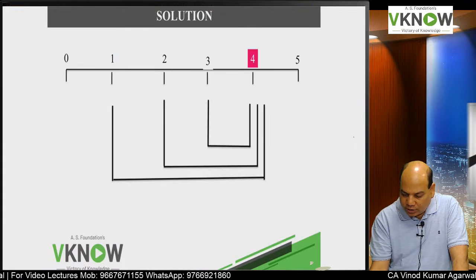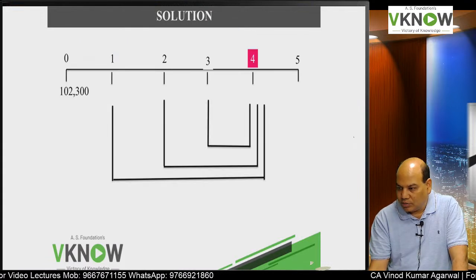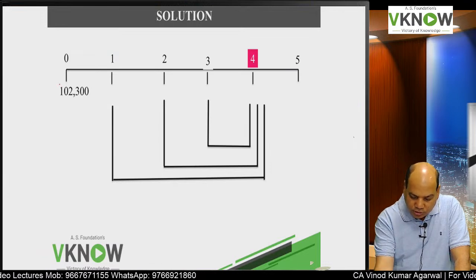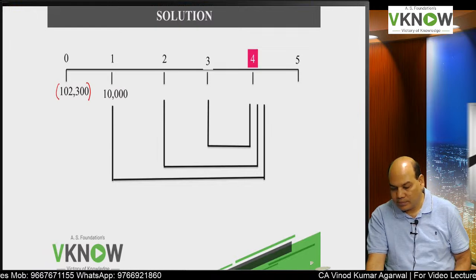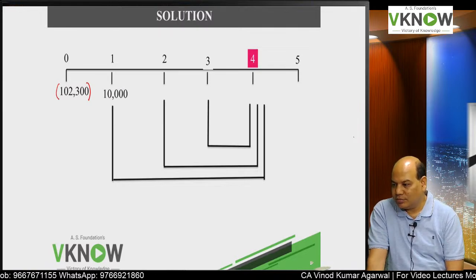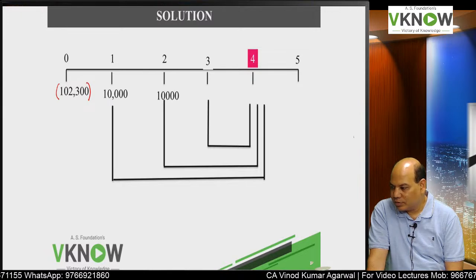So let us draw the timeline. You are going to invest 1,02,300 in year 0. Then in year 1 you will get 10,000 coupon. Write down. In year 2 you will get 10,000 rupees coupon.